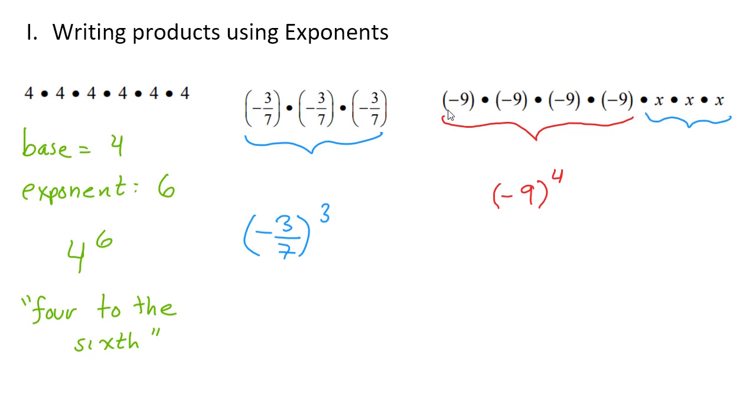Okay, remember that this is all multiplication. So times the variable x. So x is being repeated 3 times. So the exponent is 3. Okay, so negative 9 to the fourth times x to the third, or x cubed.